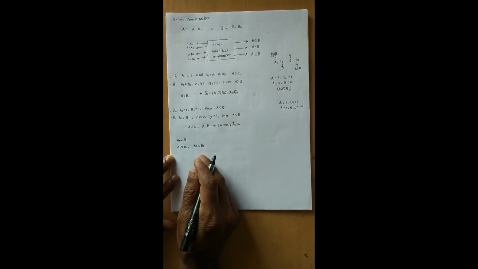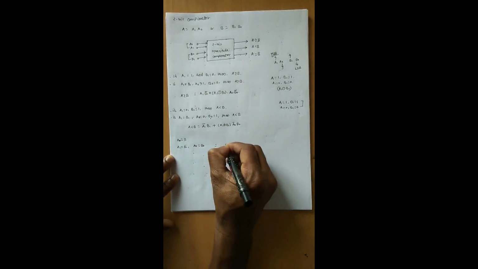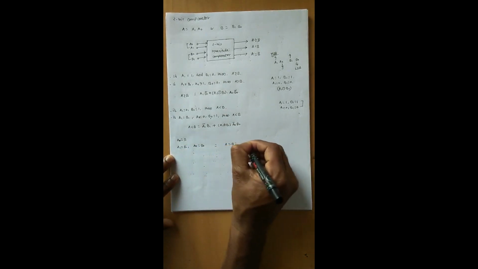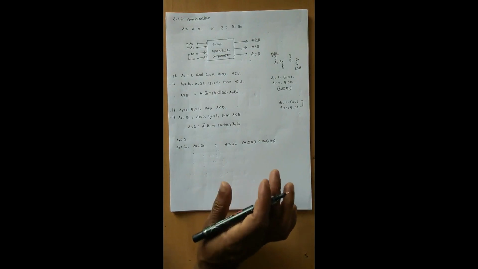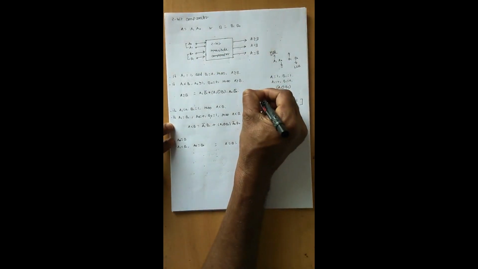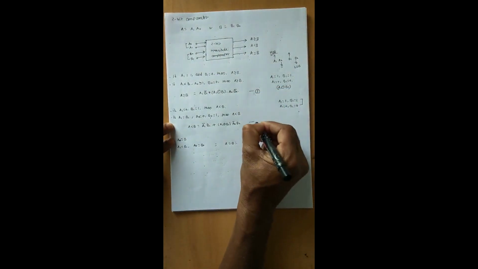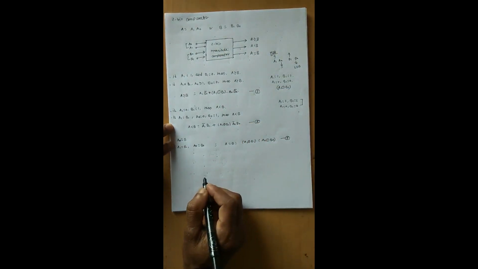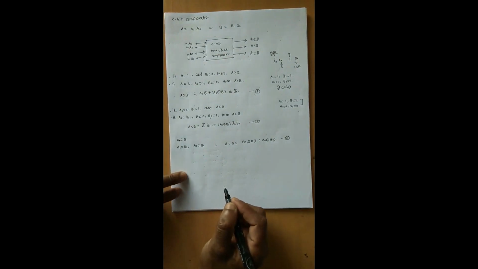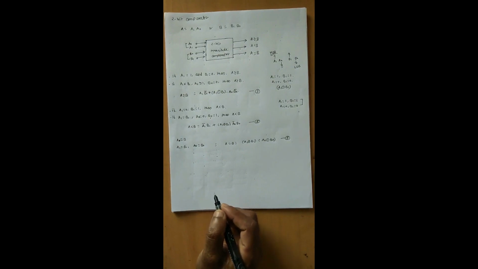So this will be mathematically represented as A is equal to B: A1 XNOR B1 and A0 XNOR B0. Okay, these are the three different equations: first, second, and third. With the help of the three equations, we can draw a logic diagram. Let's draw the logic diagram.